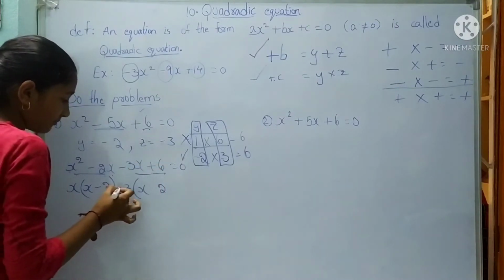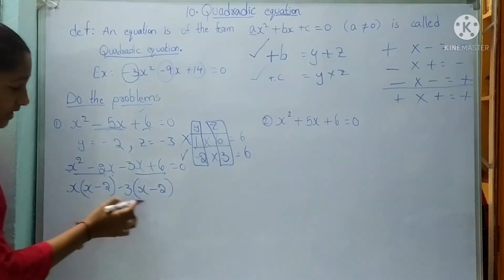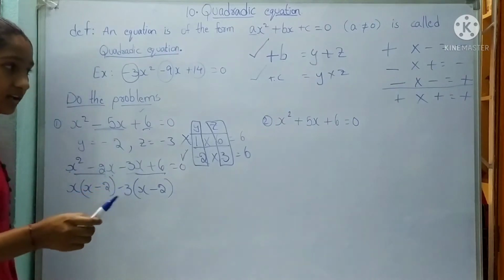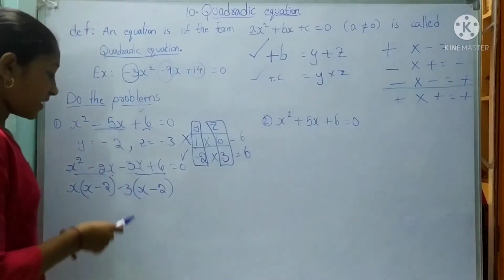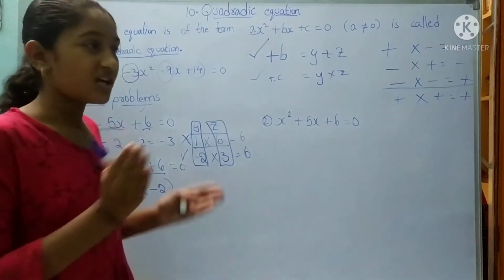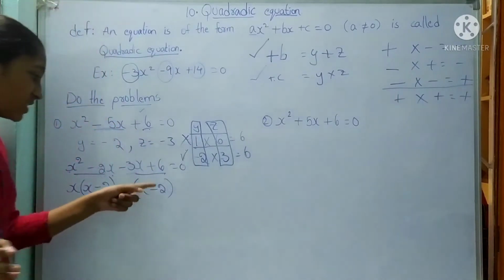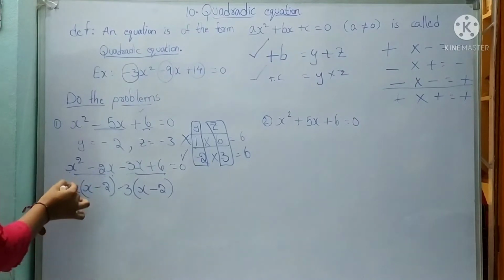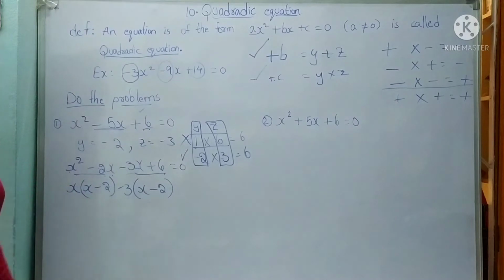So here I am taking minus 3 and minus 2. Okay? So when I take like this, minus 3 into x is minus 3x, and minus 3 into minus 2 means minus into minus is plus, 3 into 2 is 6. So plus 6 it will become. So that's why here I am taking x minus 2 and minus 3 as common.